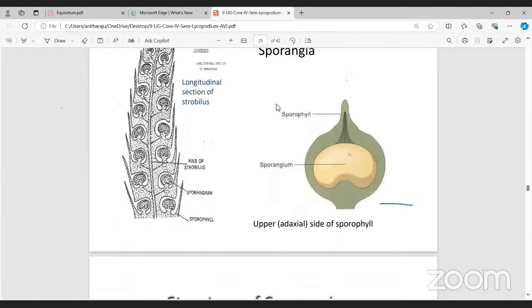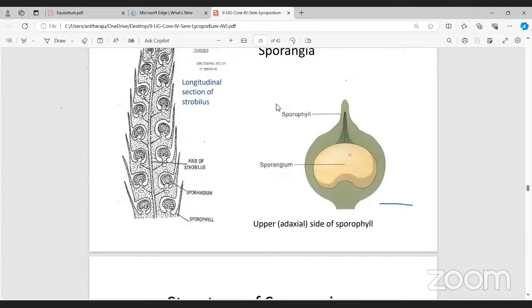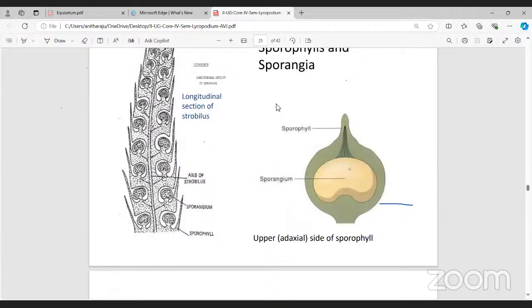This longitudinal section is already given in the practical, and it is important in theory also. You can clearly see the axis of the strobilus here. Are you able to see the marker?